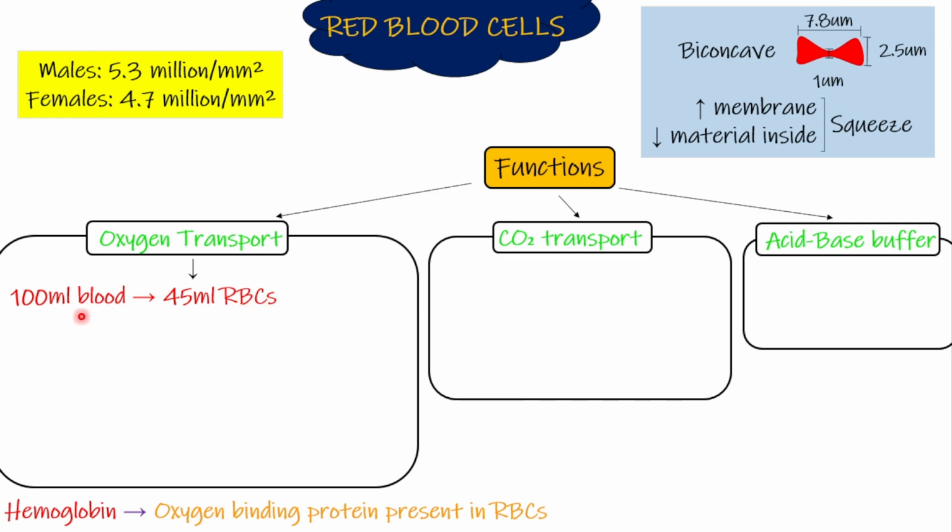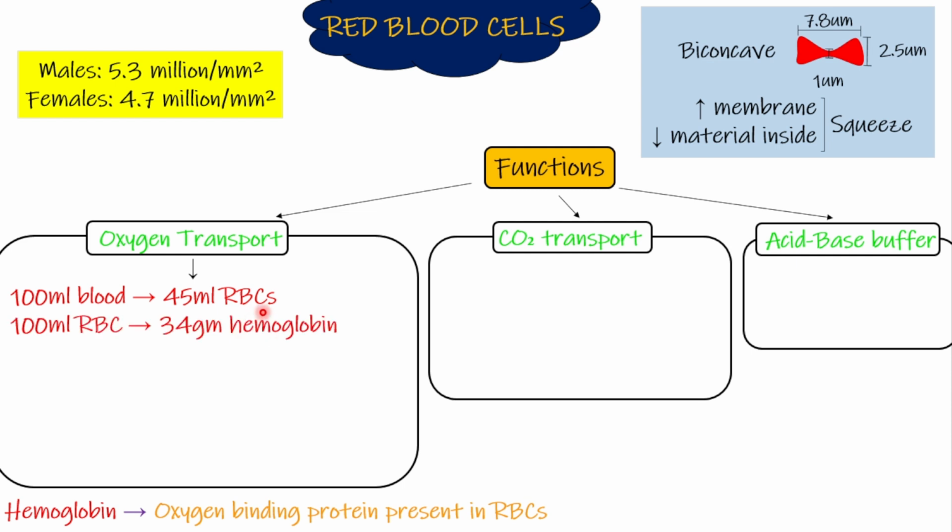How have we calculated this? We know that 45% of the blood is basically cells, and among the cells the RBCs are the predominant cells. So 100 ml of blood basically has 45 ml of RBCs.